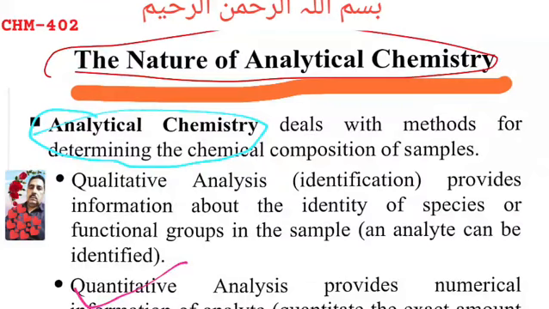Qualitative analysis provides information about the identity of the species or functional groups present in our sample to be analyzed. For example, we want to know what types of compounds are present in any substance or sample: its color, its odor, and nature.